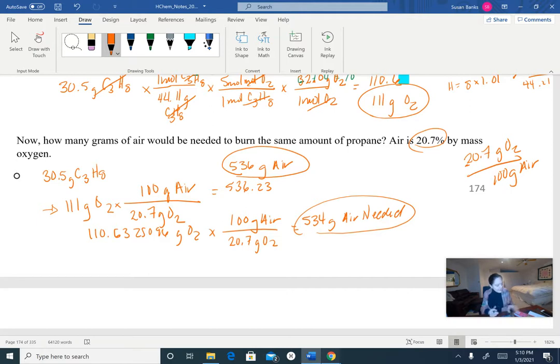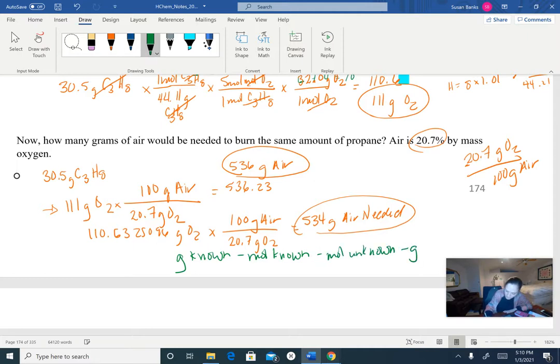So that is stoichiometry. Stoichiometry in a nutshell, we go from grams of the known to the moles of the known to the moles of the unknown to the grams of the unknown.